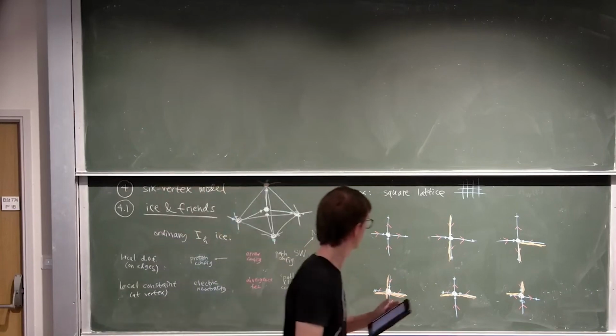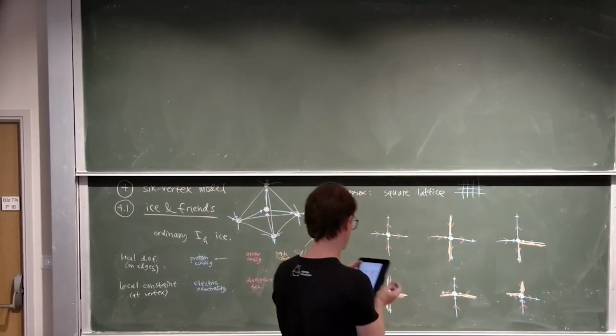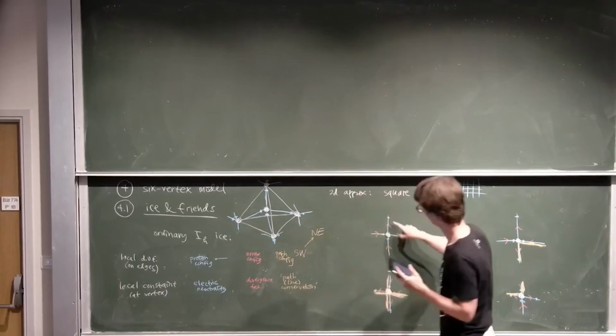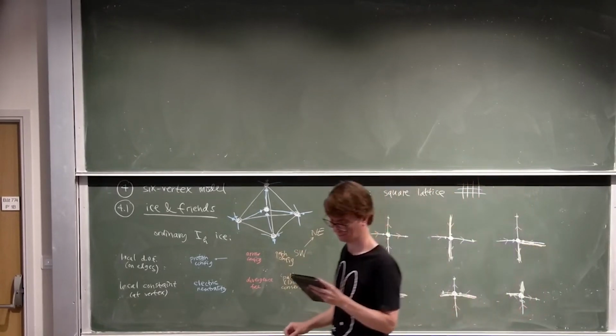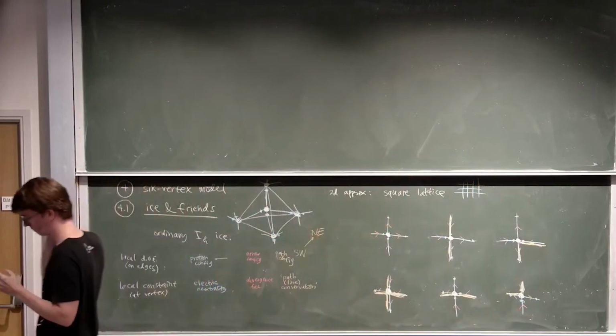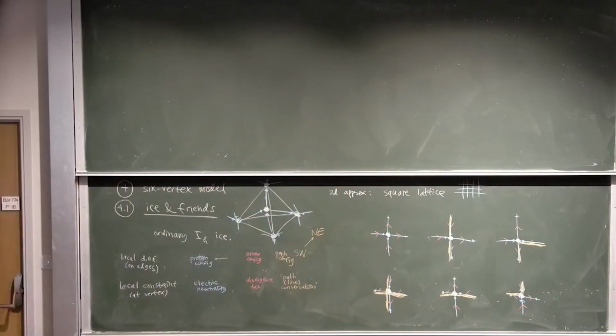And then one more way to interpret this is to think of these arrows as on the edges. It is not clear to me that given a configuration of paths, there's a unique choice of the arrows. Bottom right, you could put the remaining arrows in the opposite way.